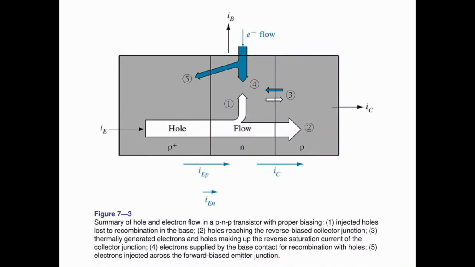Now we are neglecting a component, that is, the motion of electrons or holes which creates the reverse saturation current of the collector, and we are just considering two contributions. Number one is the electrons which move from the base to the emitter, and the second is the electrons which are resupplied by the base to make up for those electrons which are lost during recombination.